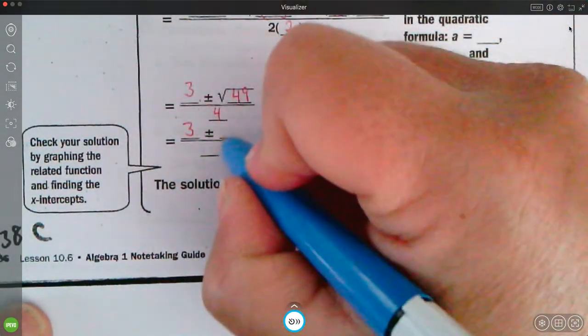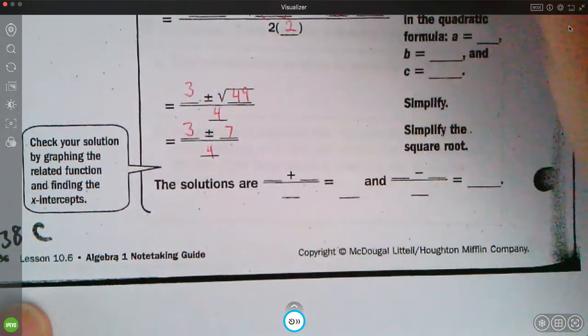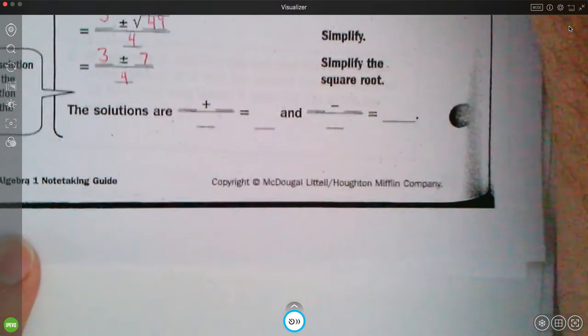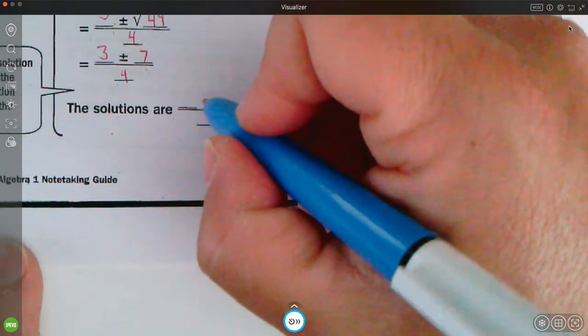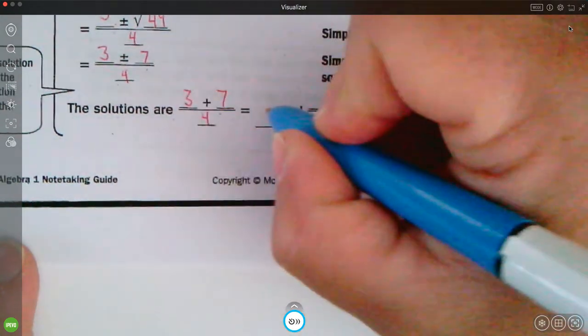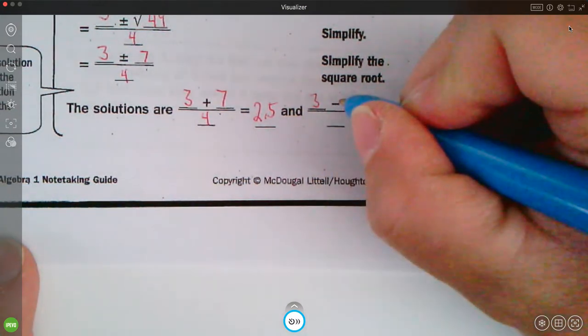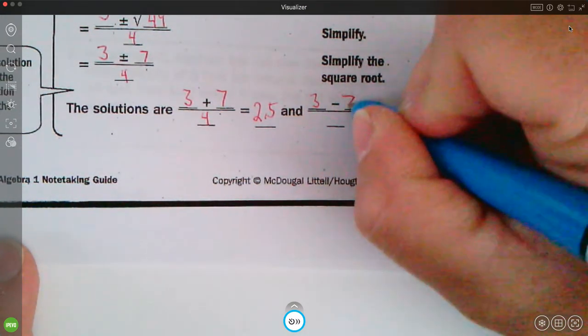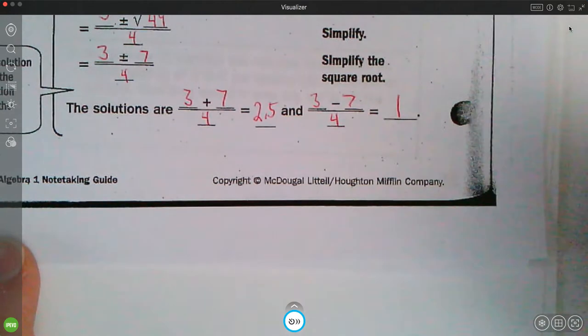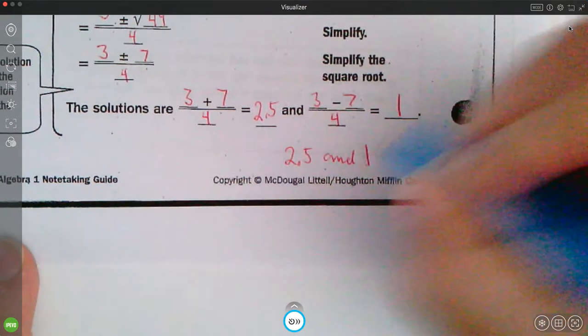So I'm going to put 3 plus or minus square root of 49 is 7, all divided by 4. So the solutions to this one are 3 plus 7 divided by 4, which is 2.5, or 3 minus 7 divided by 4, which is just 1. So your solutions are 2.5 and 1.